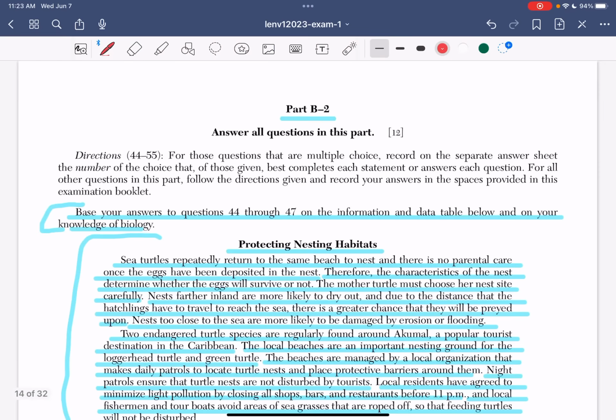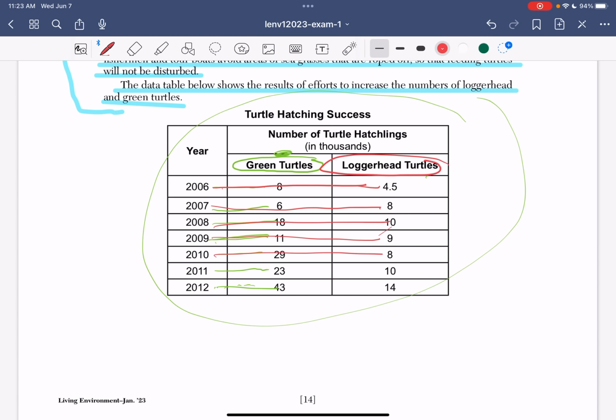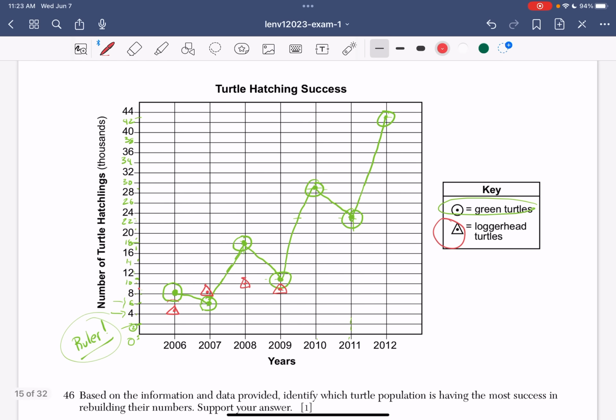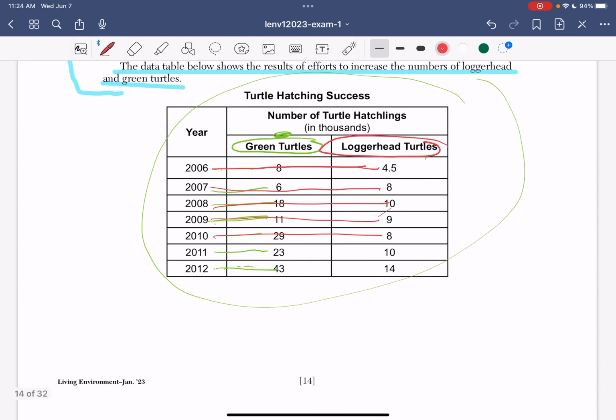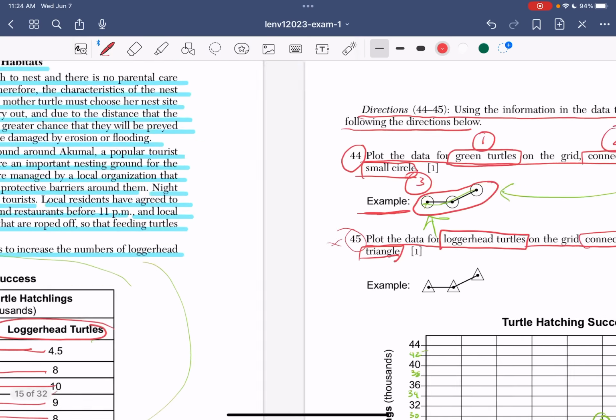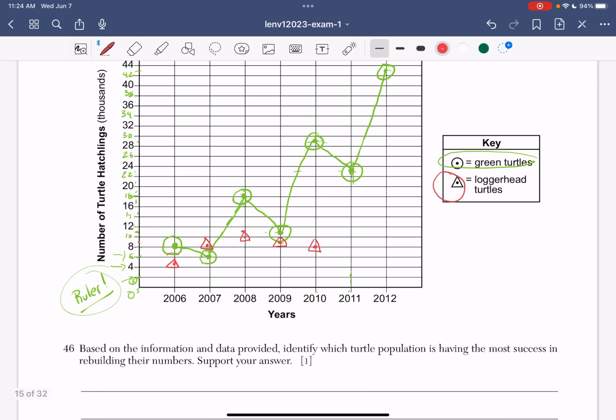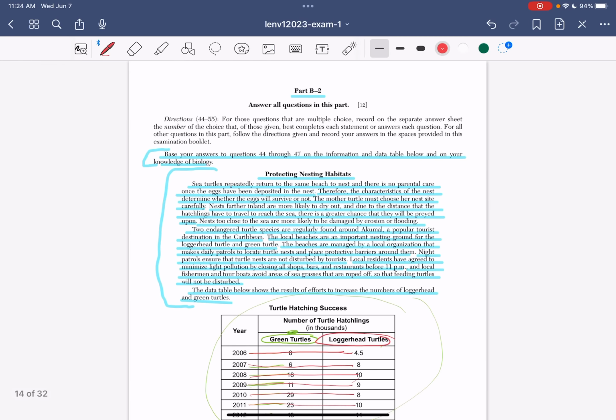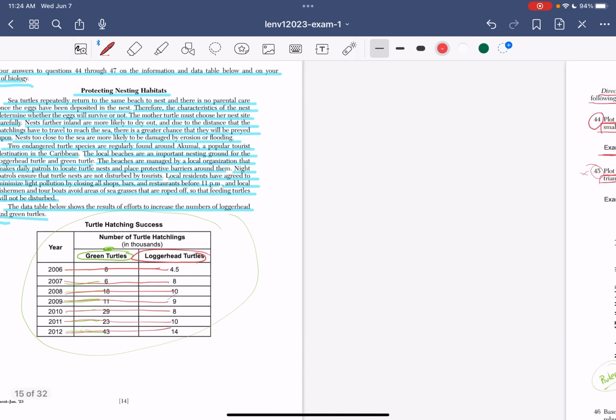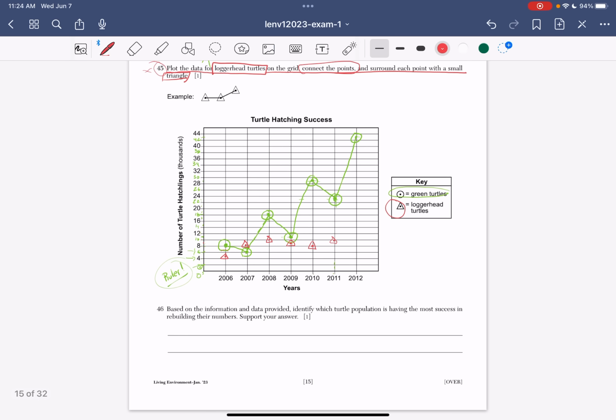Okay. 2010 was 8. 2011 is 10, around here. And then 2012 is 14. 2012, 14 is right here.